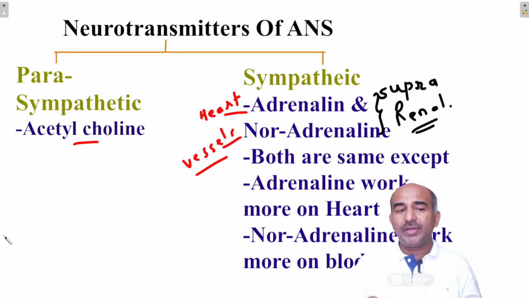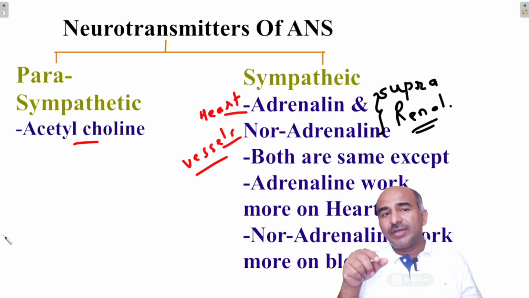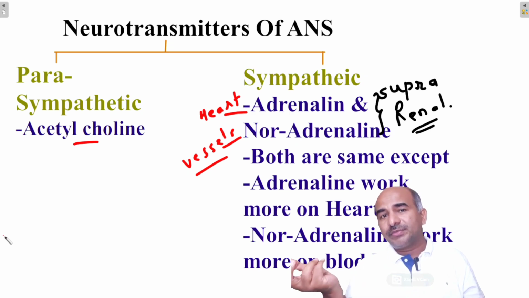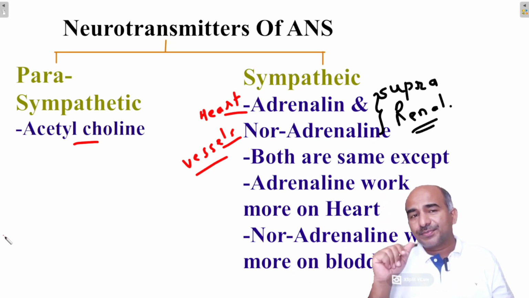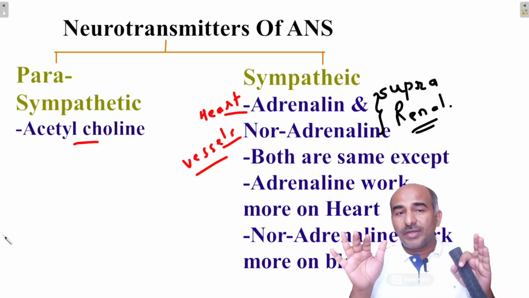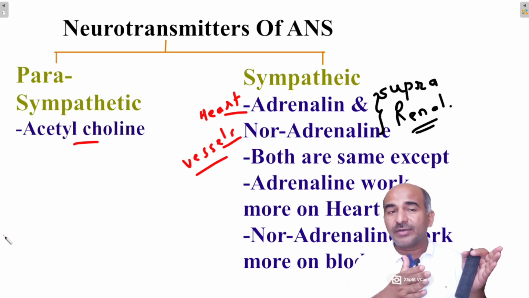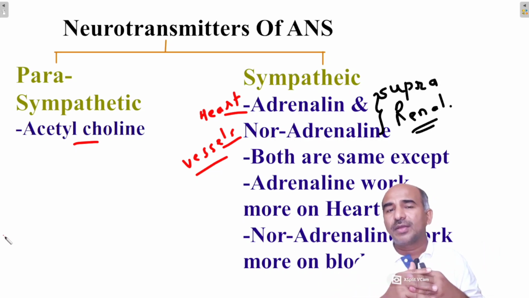So now you must be having some curiosity: if somebody is having excessive parasympathetic activity, we should give him a sympathetic drug so that the activity will be reversed. But no, dear friends, it does not happen. In pharmacology, if a thing is working somewhere, we say it is an agonist.